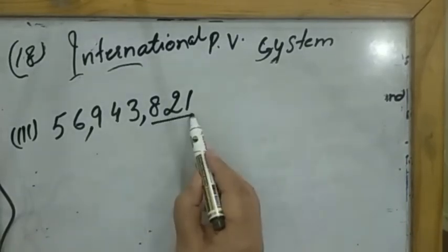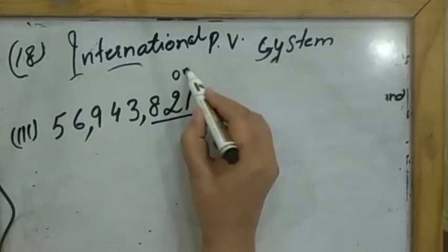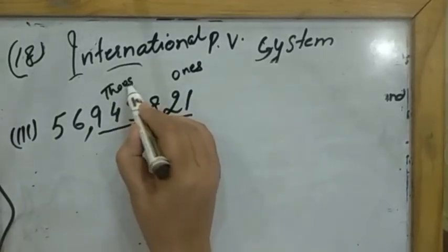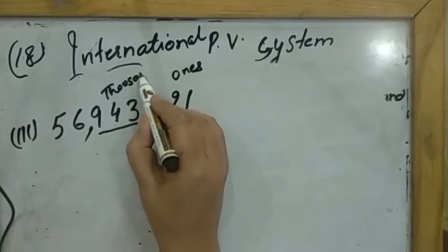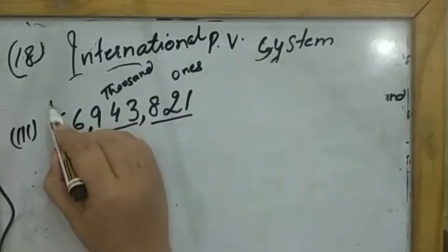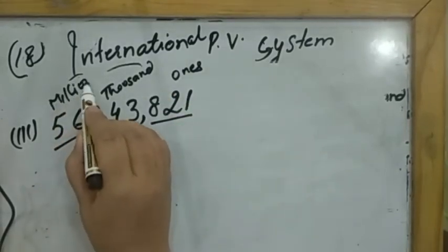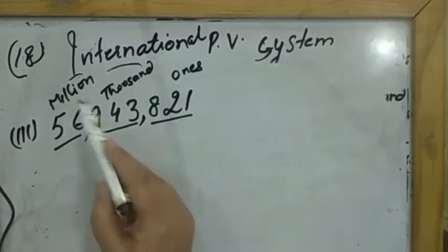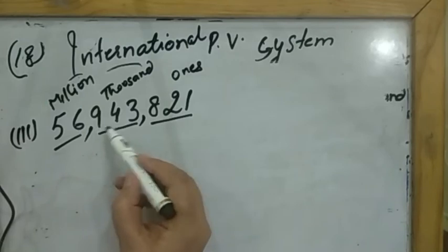Now these 3 digits belong to the period ones, these 3 digits belong to the period 1000, and these 2 digits belong to the period millions. So now how I will read this number, I'll say 56 millions 943.